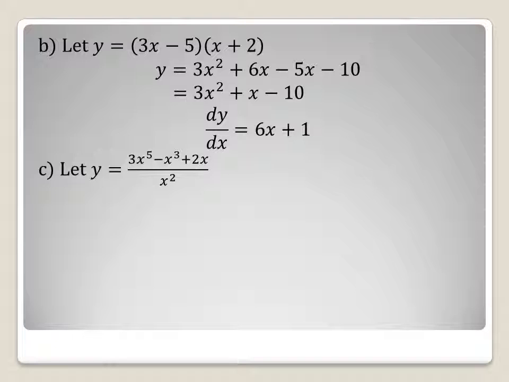And finally, in the last question, let y equal 3x raised to the power of 5 minus x cubed plus 2x, divided by x squared. Let's now divide each of the terms by x squared. That is 3x raised to the power of 5 divided by x squared, minus x to the power of 3 divided by x squared, plus 2x divided by x squared.